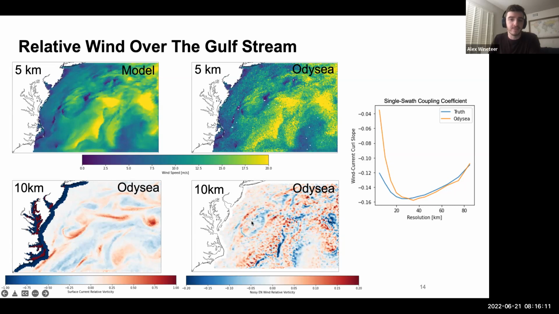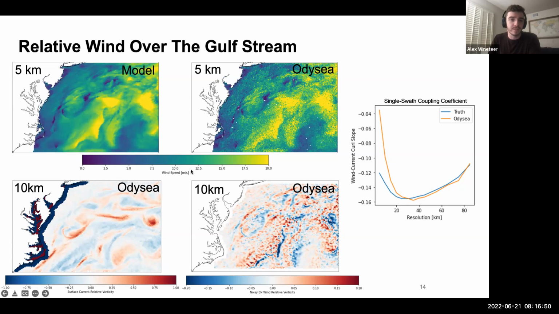So we expect to see a negative coupling, and we do indeed see that if we look at the slope of that coupling just in this instantaneous measurement swath. We can actually measure the coupling between those two, comparing the truth with no noise and the Odysea measurement with noise. And as you can see, as you increase the smoothing, these two estimates of the wind current curl slope really begin to converge, and we get a measurement that closely matches the true coupling at about 20 kilometers.